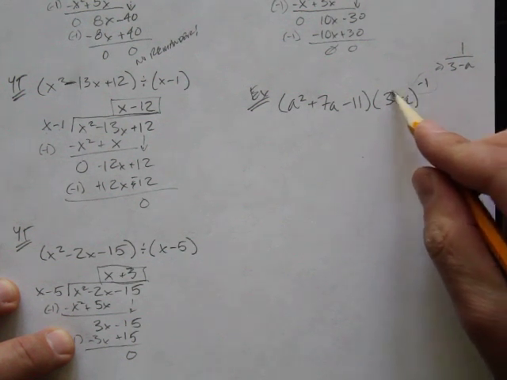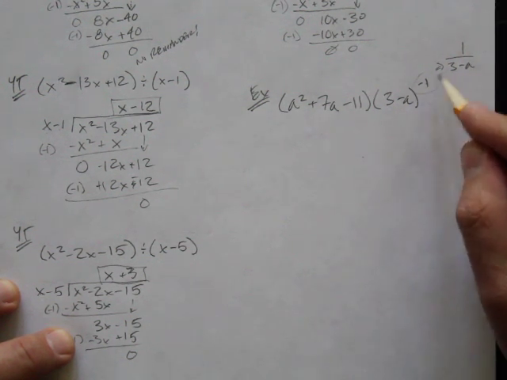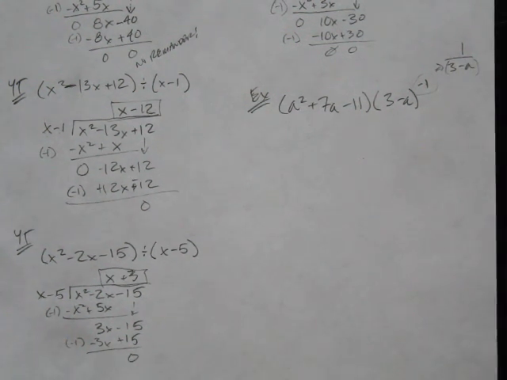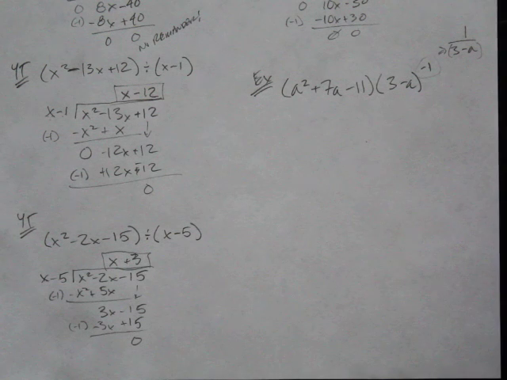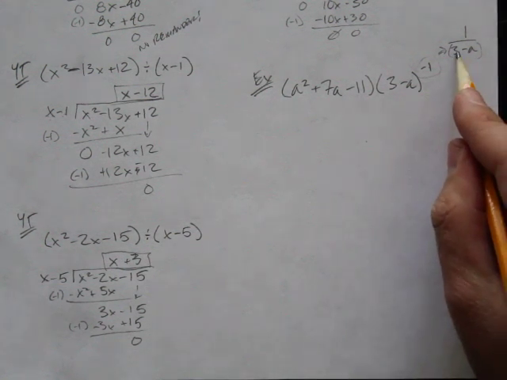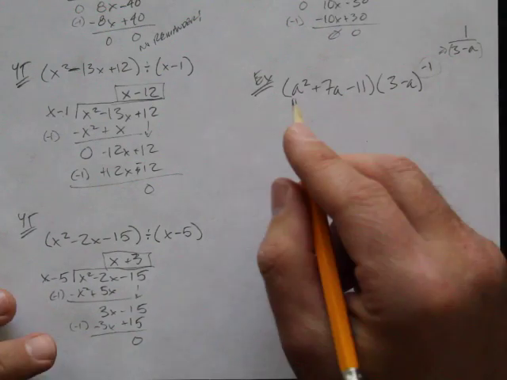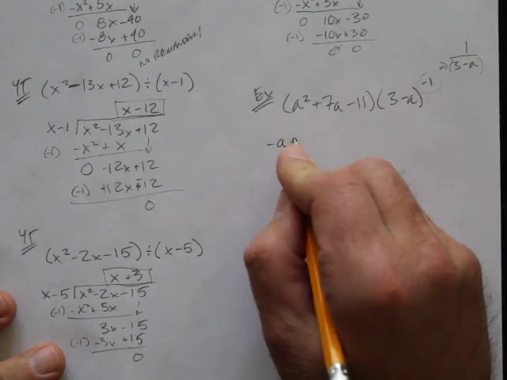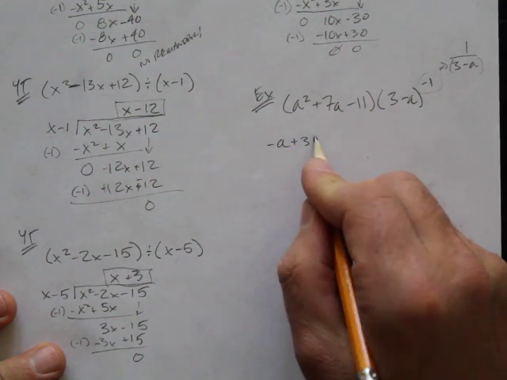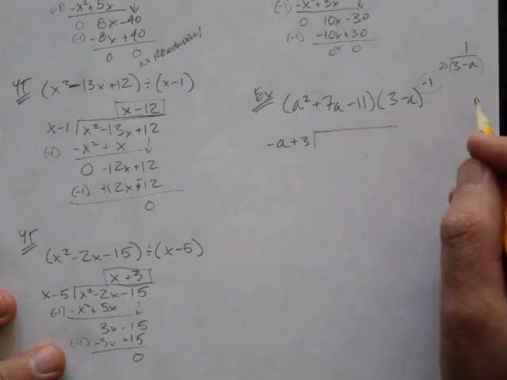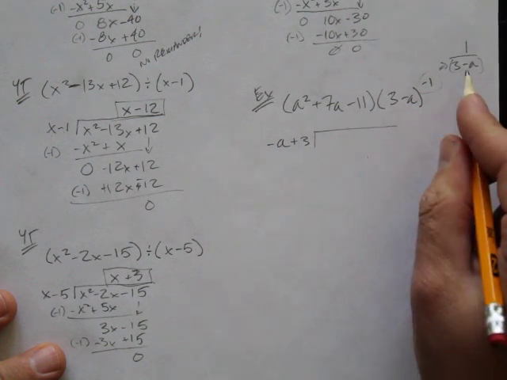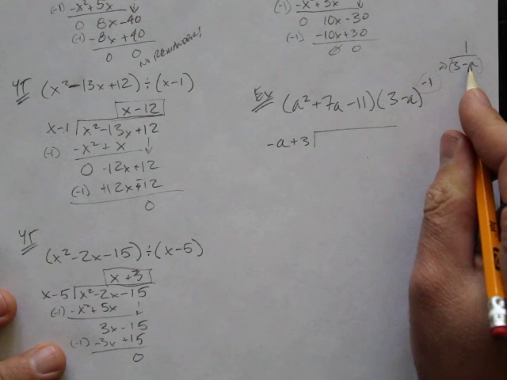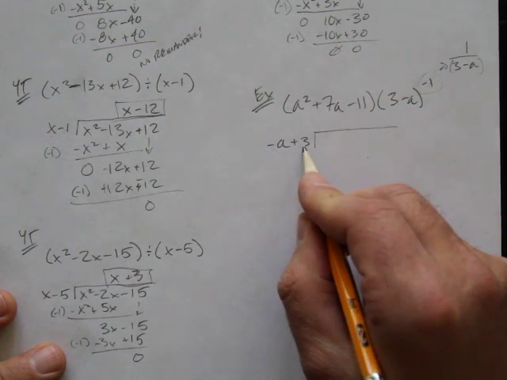That negative 1 says put me onto the other side of the fraction bar. Now we have another problem, and that is that I have 3 minus a. So I'm going to have to put negative a plus 3 as my binomial here. I want the a to be on the left and the 3 to be on the right. This is a negative a, positive 3.